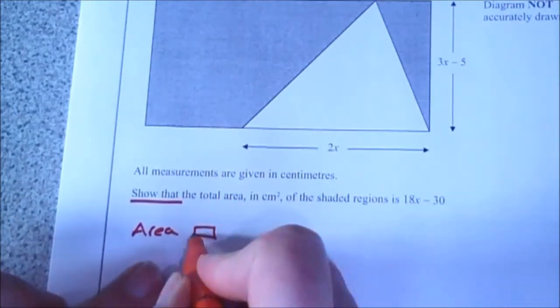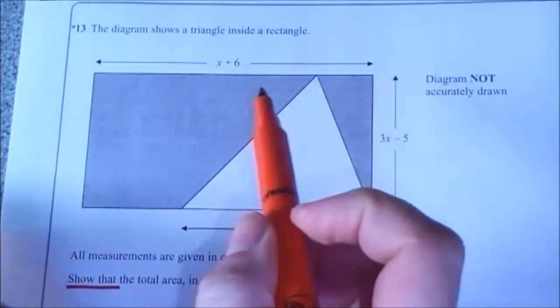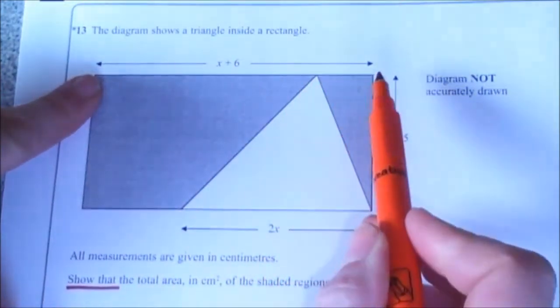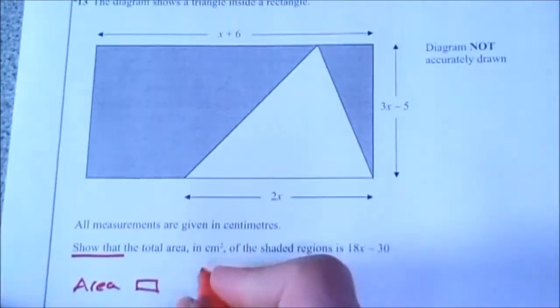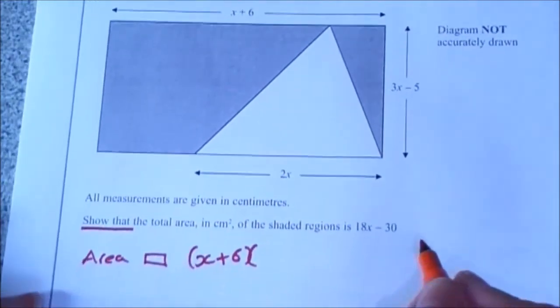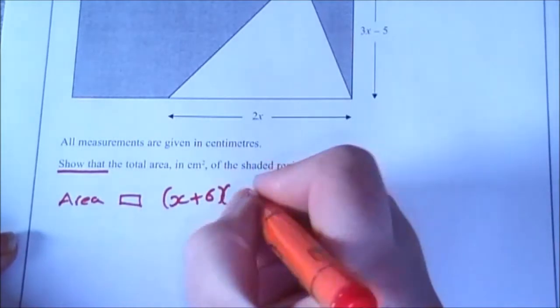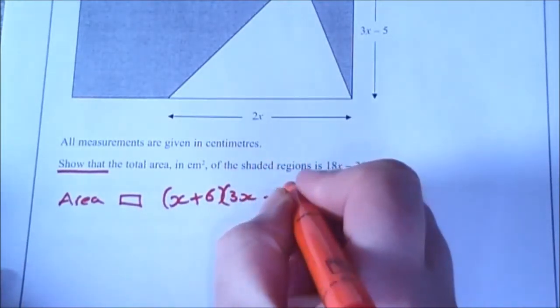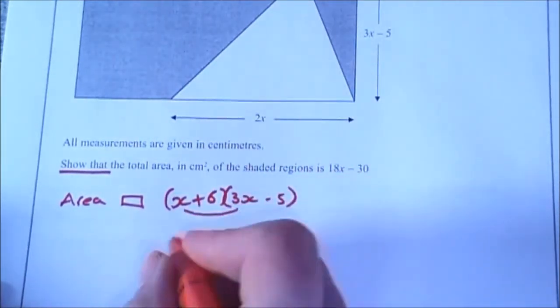So it's actually a rectangle. So area of a rectangle is base times height. So it's that times that, double brackets. So I've got x plus 6 in one bracket times by 3x minus 5 in the other. So I'm going to expand these out.